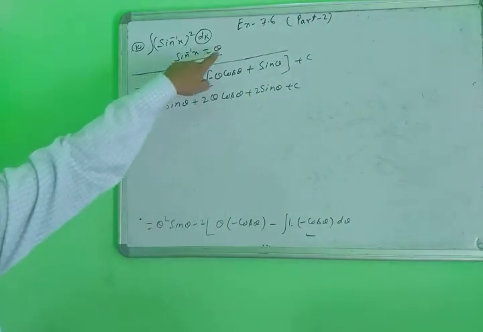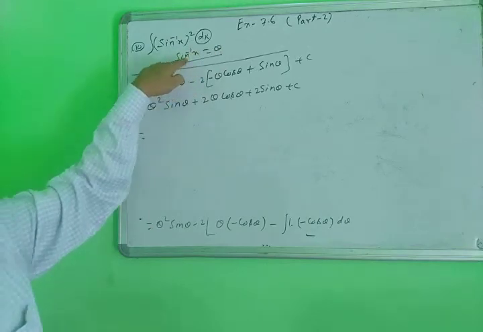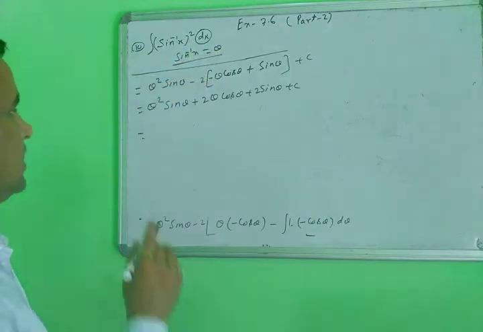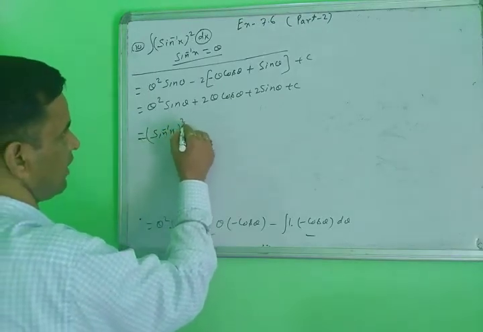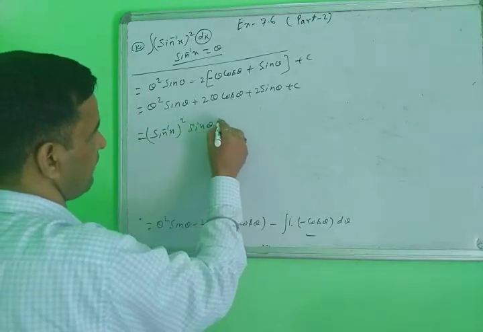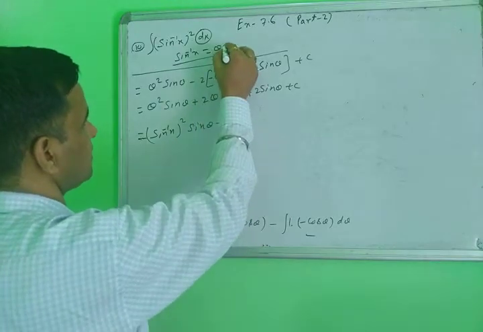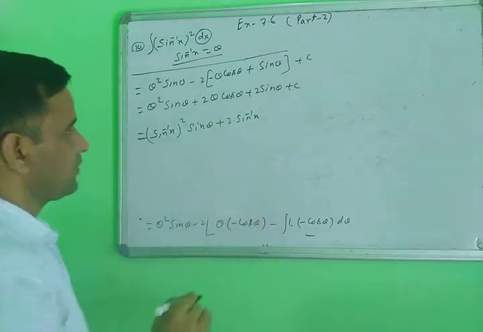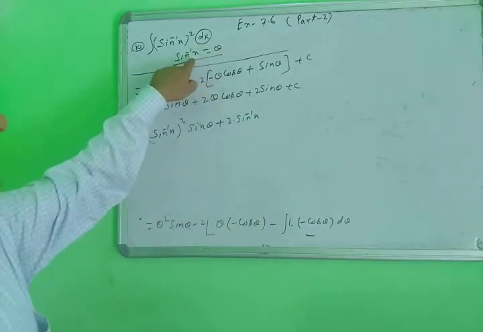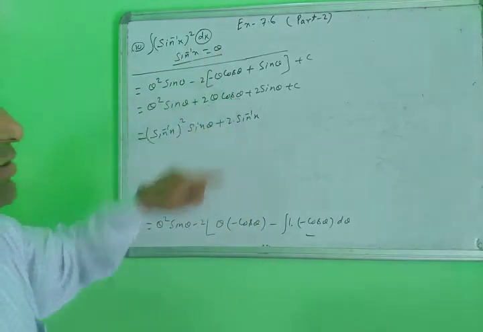Now what is the value of theta here? Sin inverse x. Then you will write (sin inverse x) the whole square, sin theta plus 2, what is the value of theta? Sin inverse x. But here the value of cos theta is not known.